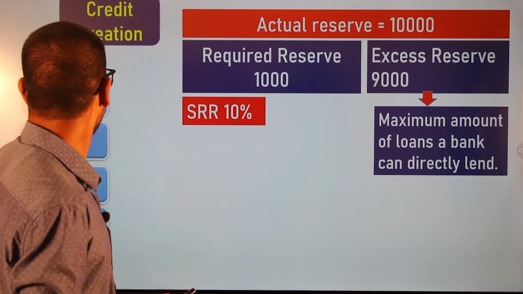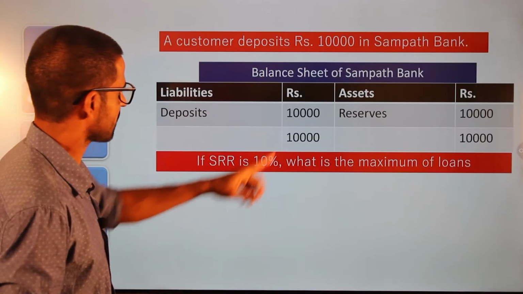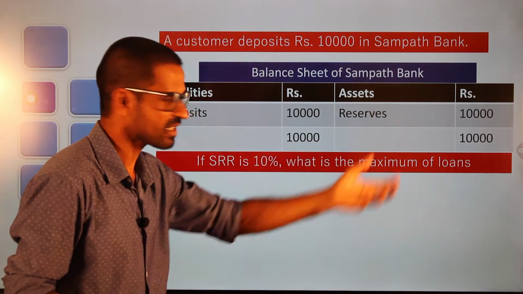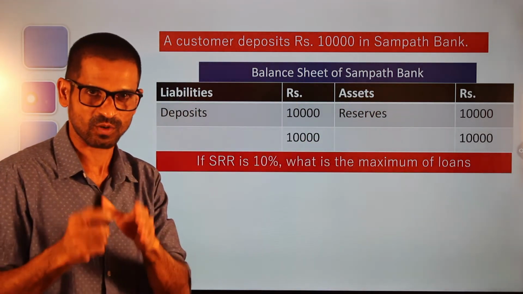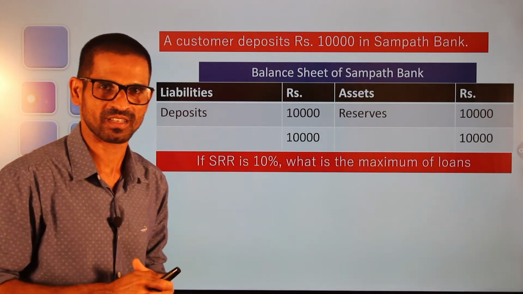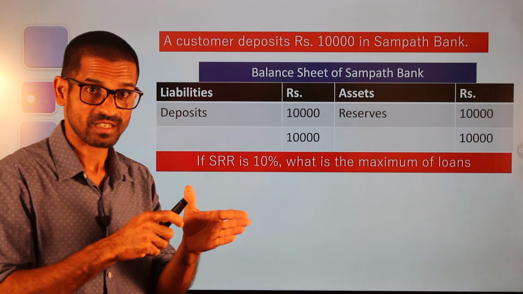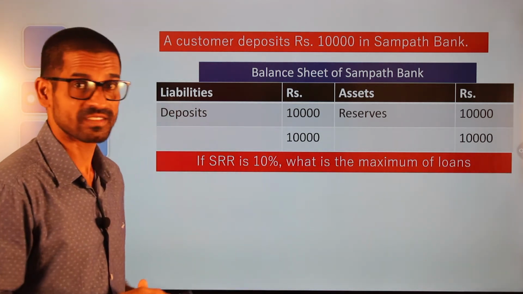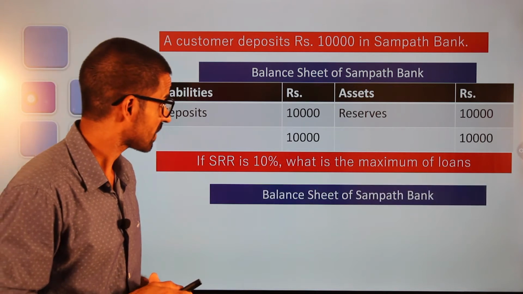So out of this 10,000, required reserve is 1,000. So the excess reserve is 9,000, right? So that will be lent out as loans, right?